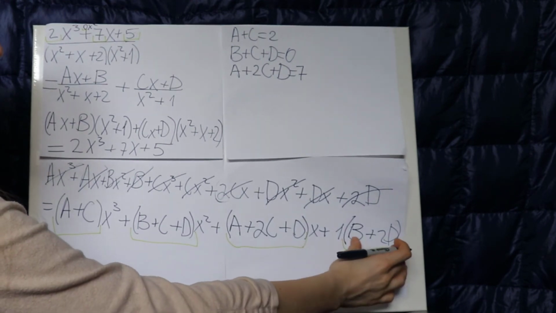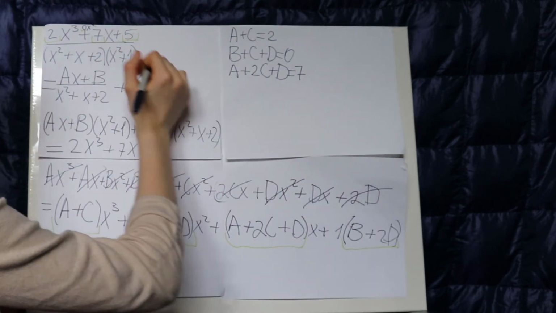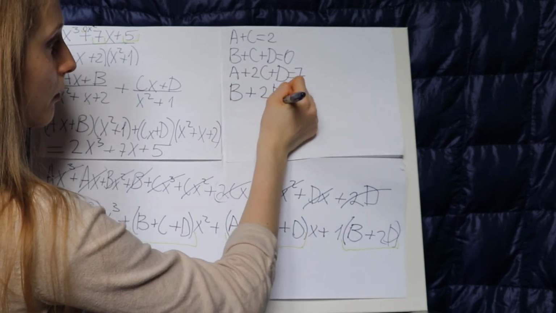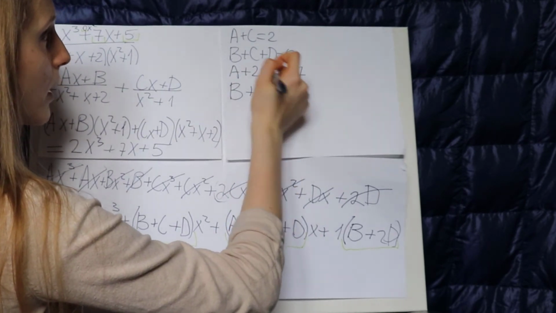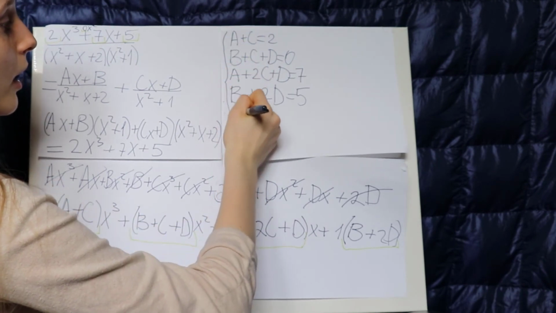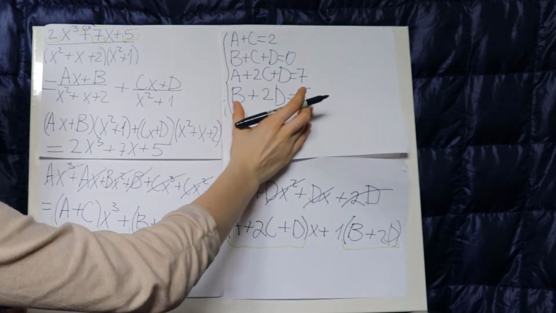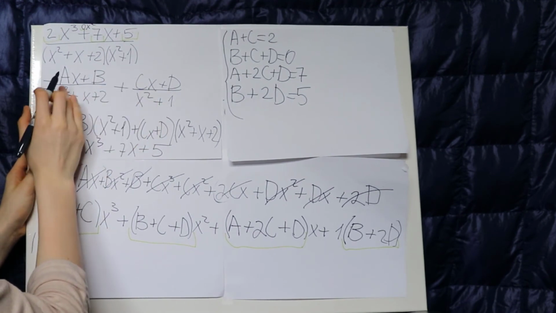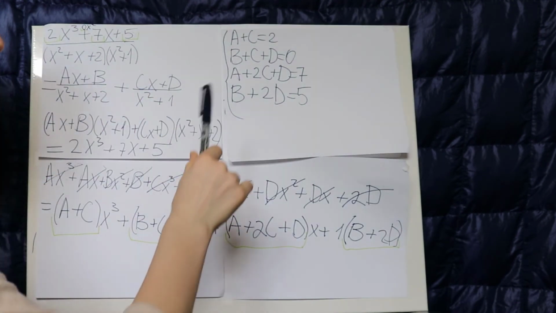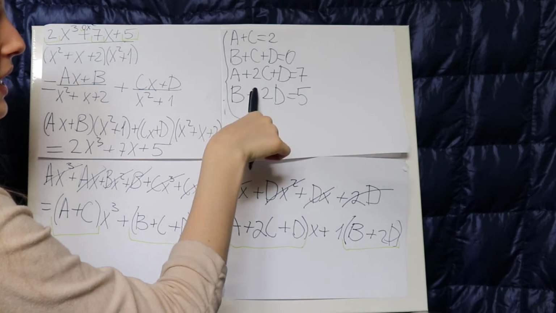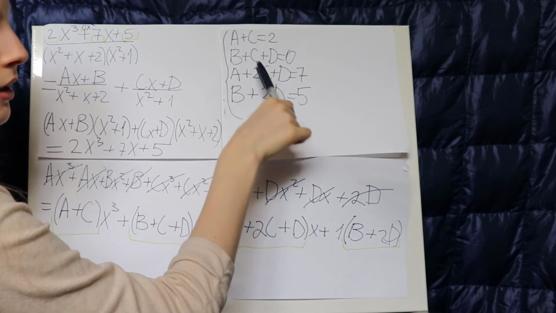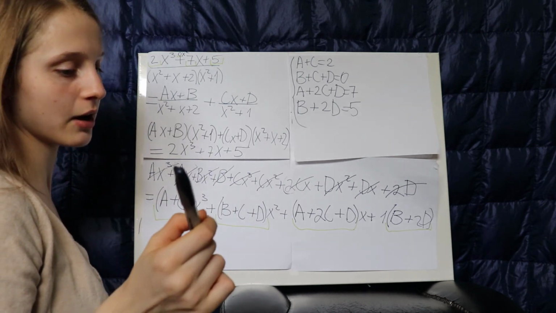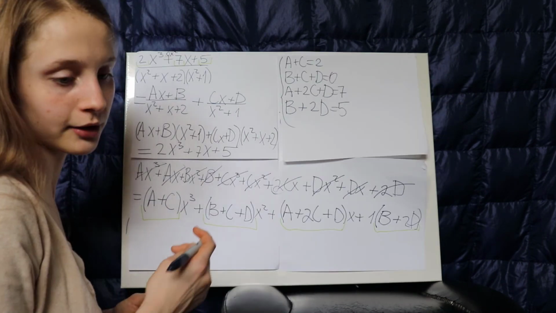And B plus 2D is 5. So, once we solve for all these variables, we're going to have the answer here that we can write as a fraction. So the best way I think to solve this one here is by elimination. I encourage you to do this by yourself right now. Pause the video and do it, and I'll do it really quickly too.